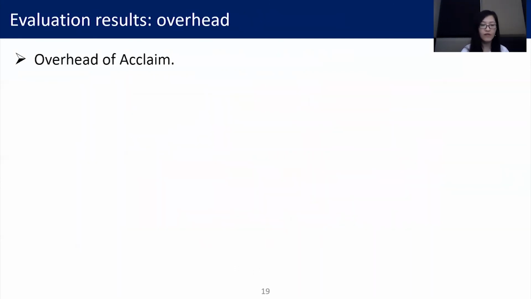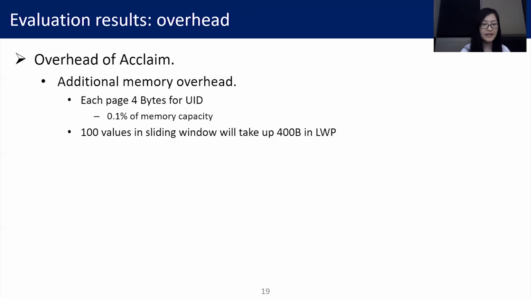Let's look at the overhead of Acclaim. For memory overhead, FAE needs to add a UID for each page. The UID takes an integer. Thus, the maximum overhead is 0.1% of memory capacity. Moreover, when there are 100 values in the sliding window, LWP will take up 400 bytes of memory.